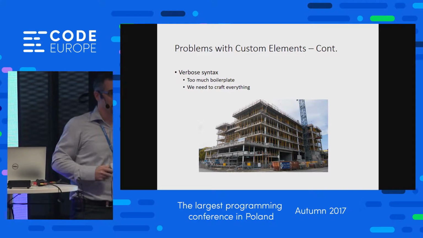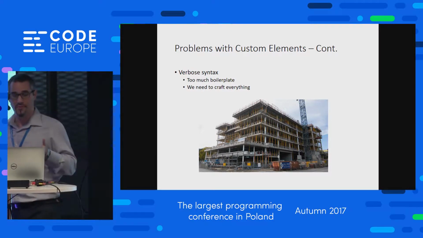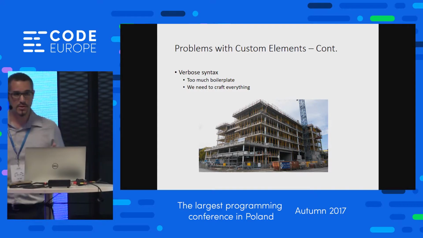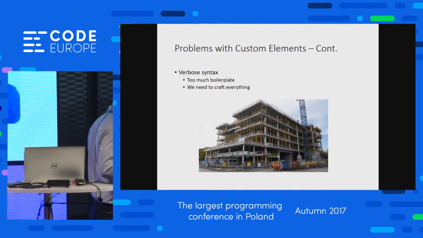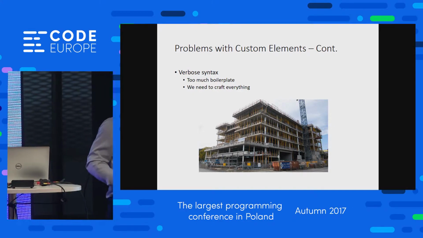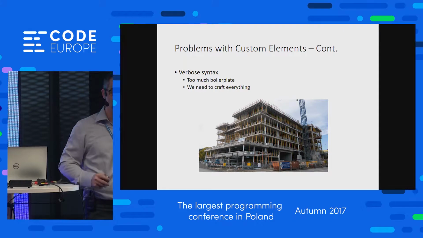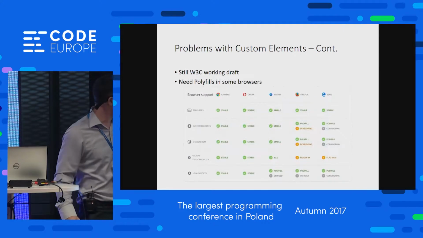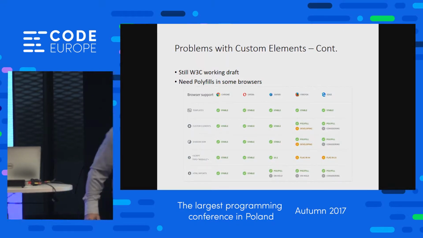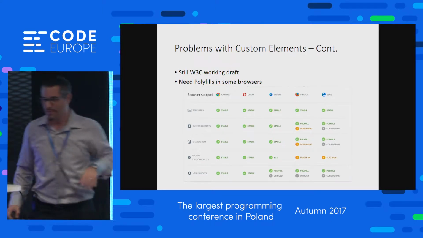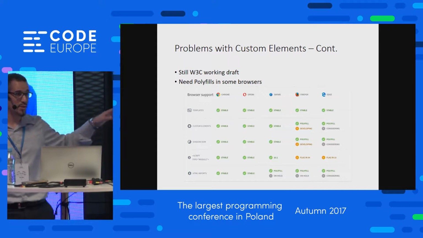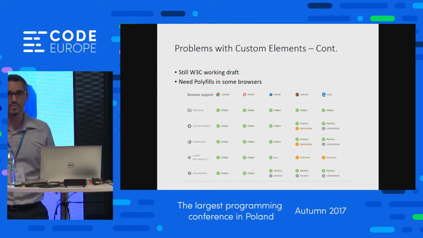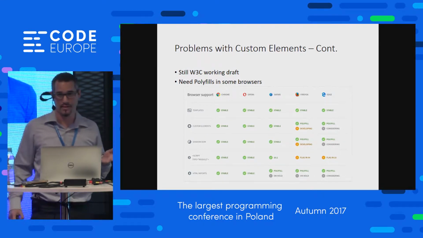Last but not least, we have the problem of the browsers. Not all the browsers support custom elements or even the web component API. So we need polyfills. For example, if you can see here, there is a browser at the end called Edge that is considering implementing all of these standards, but it's not really there right now.